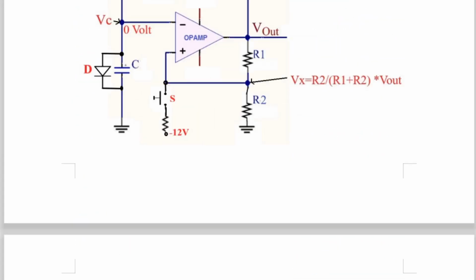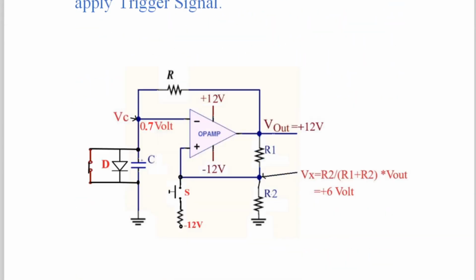Now in this diagram, when you turn on the power supply, the output will be thrown to plus 12 volt. As soon as the output is thrown to plus 12 volt, this 12 volt gets applied through the resistor R to the capacitor C as well as the diode D, because the capacitor and diode are in parallel. Therefore, the anode voltage of the diode will be very close to plus 12 volt. But the diode gets forward biased.